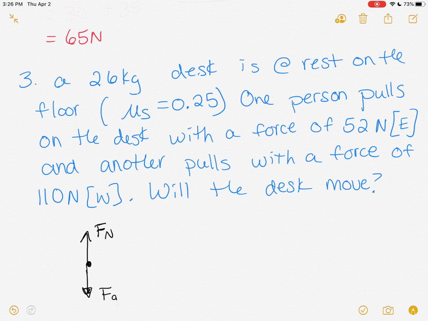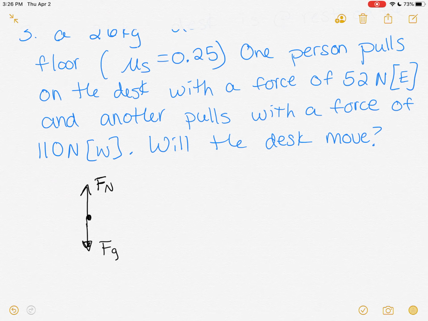We know that it's going to be pulled down by our Fg. And we know that we have an applied force in one direction, and we have a second applied force in the other direction.